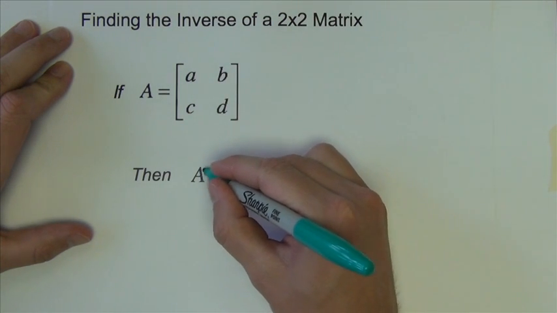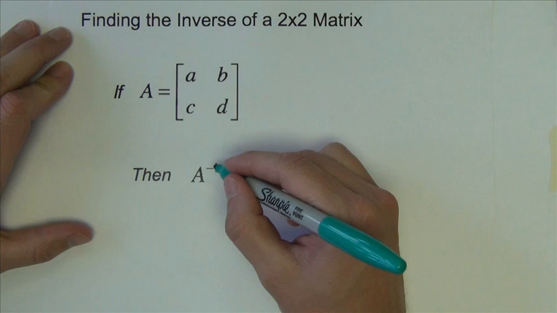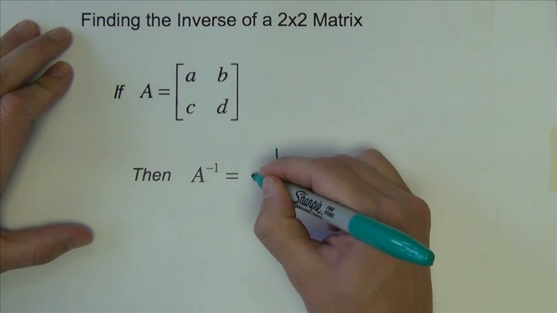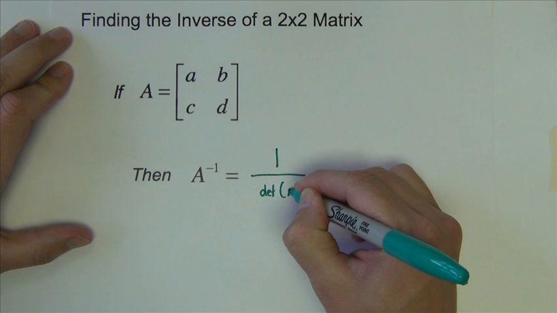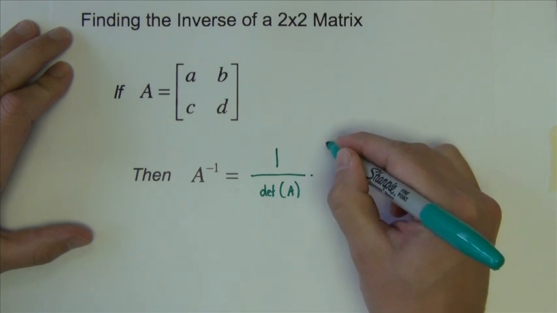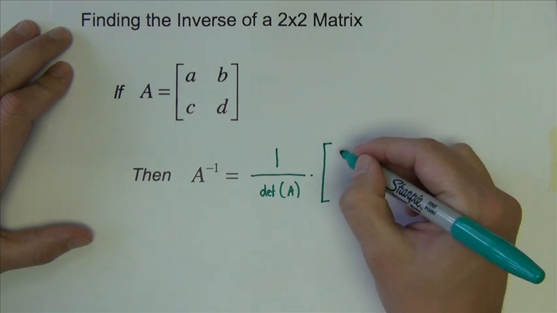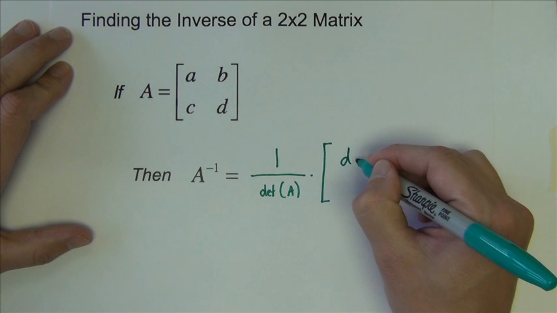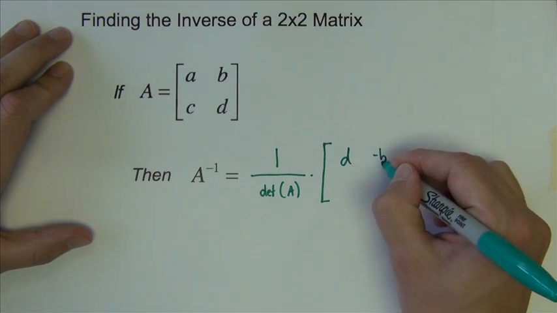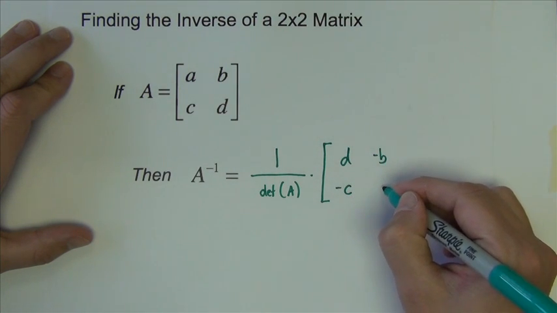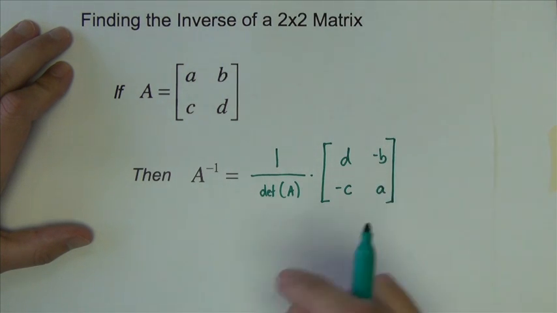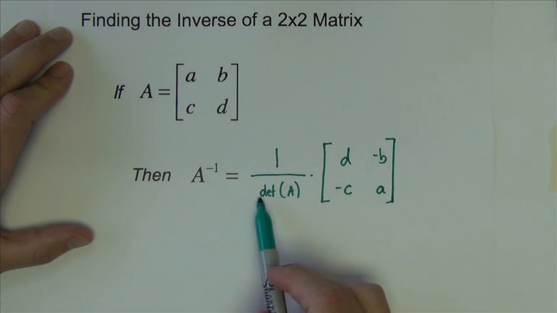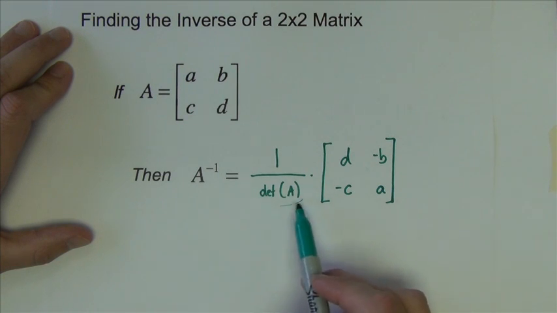So here's how we do the inverse of a 2 by 2 matrix. The A to the -1, that -1 power indicates inverse. We do 1 over the determinant of matrix A times the matrix D, -B, -C, A. So we need to be able to find the determinant, which we can do.